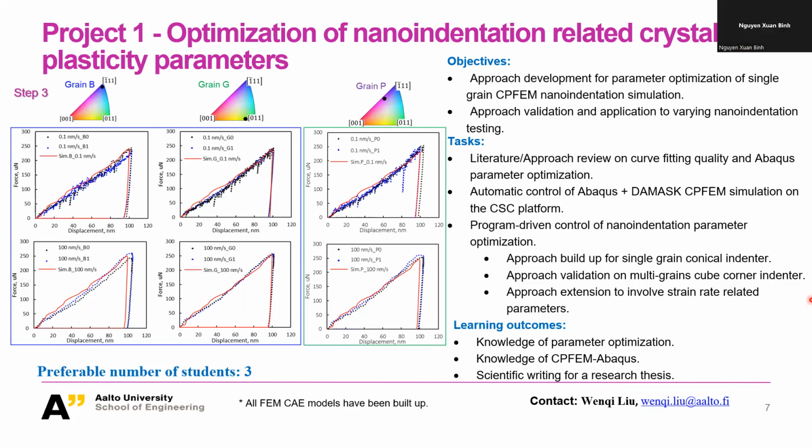It's more about Abaqus CPFEM. So Damask shall be deleted here. Yes, I think you should delete Damask, because if we don't use it, then it's misleading to put it there. Exactly. So we don't have Damask simulations to run here. Good. Okay, all right.